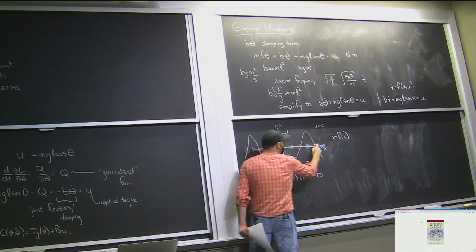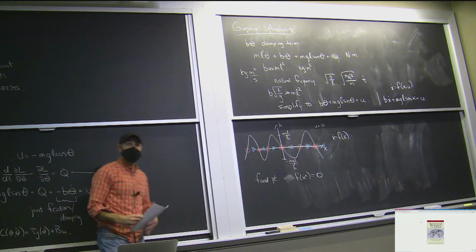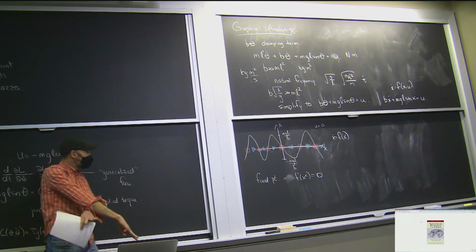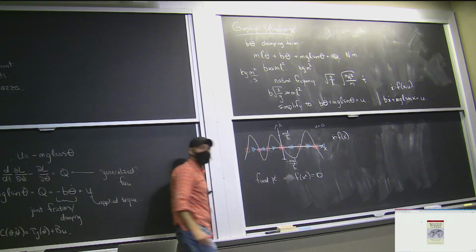So, just by convention, I'm going to color in my stable fixed points. In general, I want you to think about every crossing from above to below here as looking like a stable fixed point.